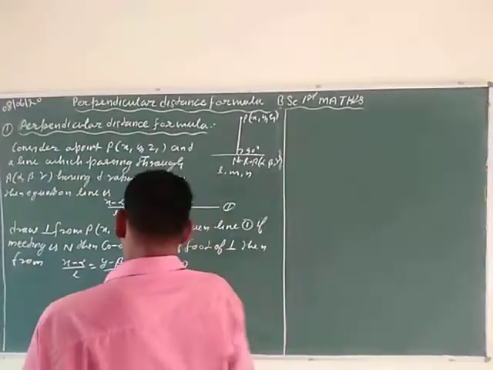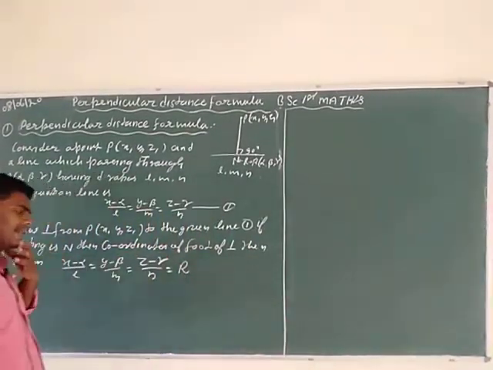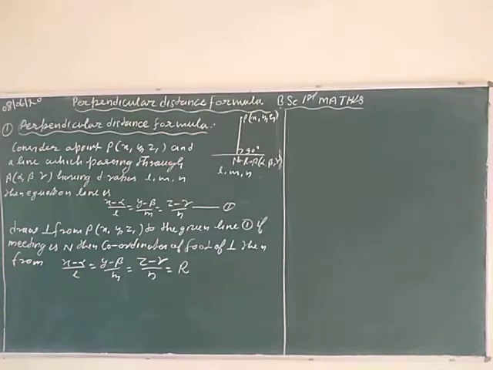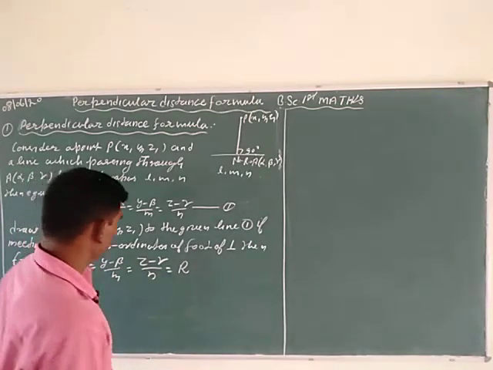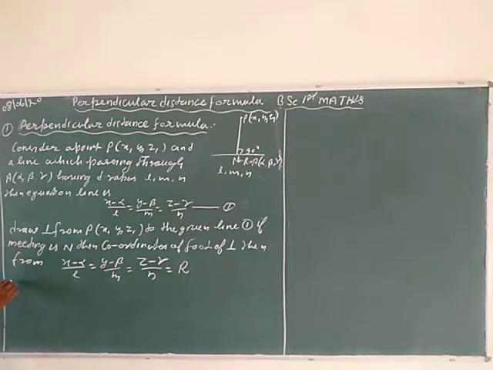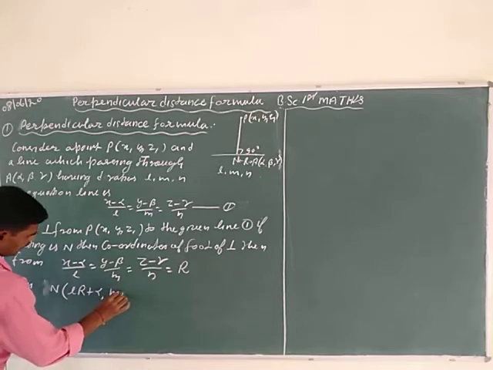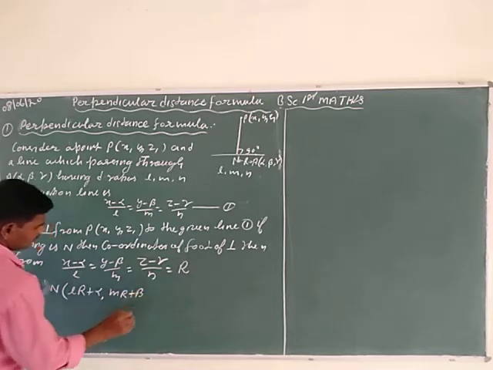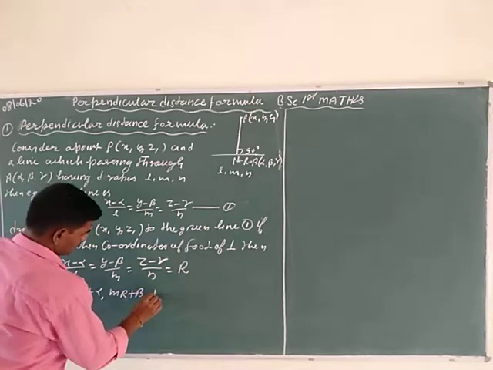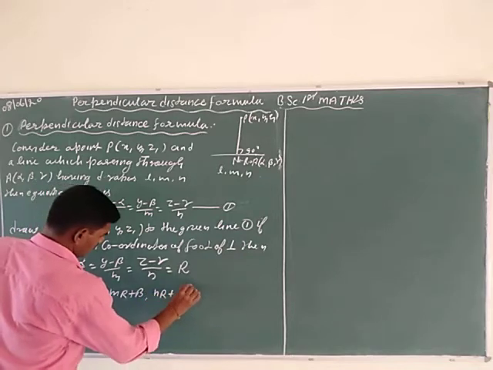So from this equation you can calculate the coordinates of the intersecting point capital N, meaning the coordinates of the foot of perpendicular. The coordinates of capital N are LR plus alpha, MR plus beta, and at last z is equal to NR plus gamma.